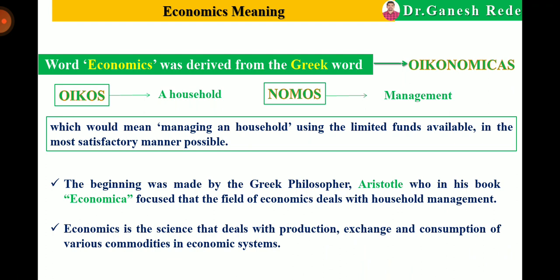From this book there was the beginning of economics, and in that book Aristotle focused that the field of economics deals with household management. Now, economics is the science that deals with the production, exchange, and consumption of various commodities in an economic system. So, this is about the meaning of economics.